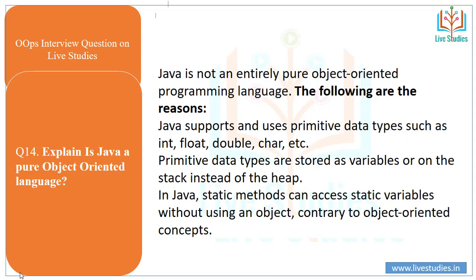Because Java supports and uses primitive data types such as int, float, double, and char. Primitive data types are stored as variables on the stack instead of as objects on the heap. In Java, a static method can access a static variable without using an object, contrary to the object-oriented concept.